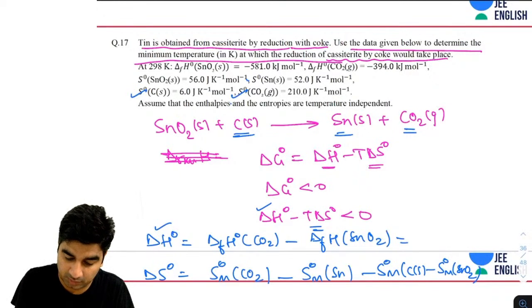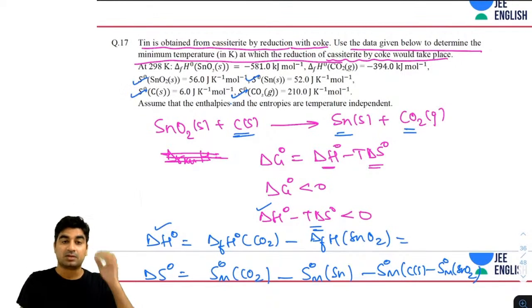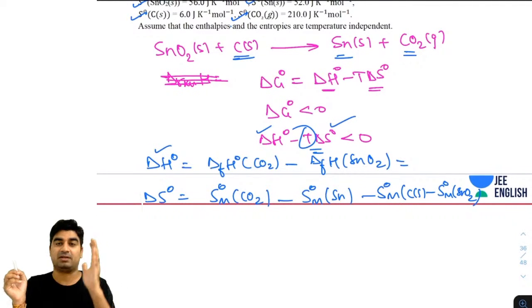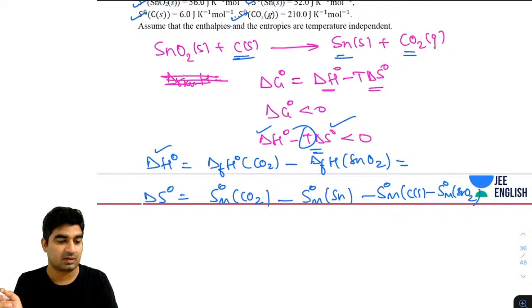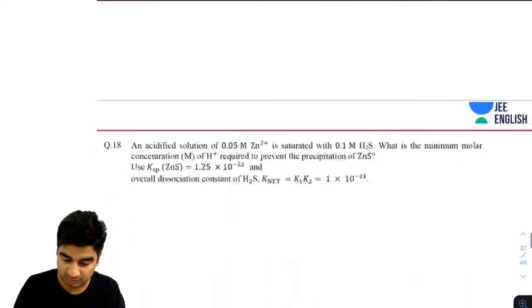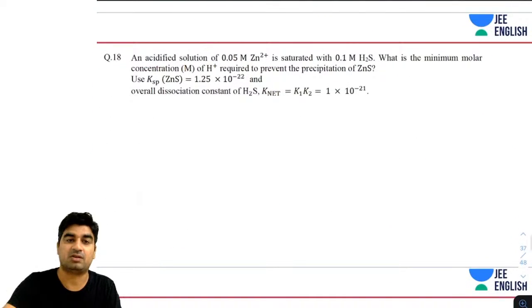Carbon, CO2, Sn, SnO2. So just calculate it and put it. You will be getting the value of temperature because now you know value of delta H naught and value of delta S naught. Tell me, guys. Tell me if you have any doubt. No doubt. So guys, now let's do the next problem here.